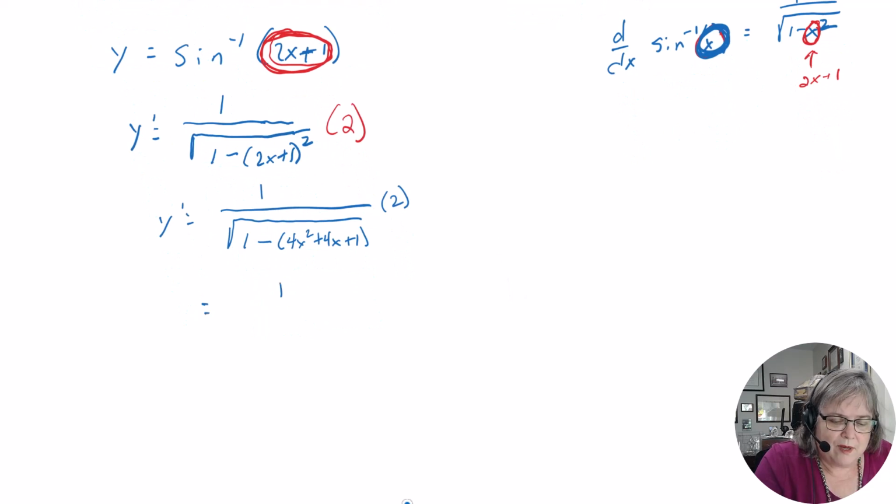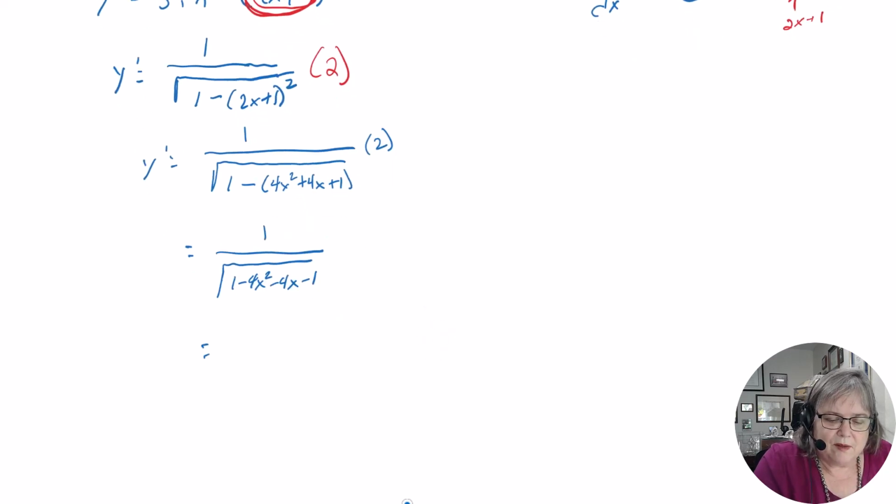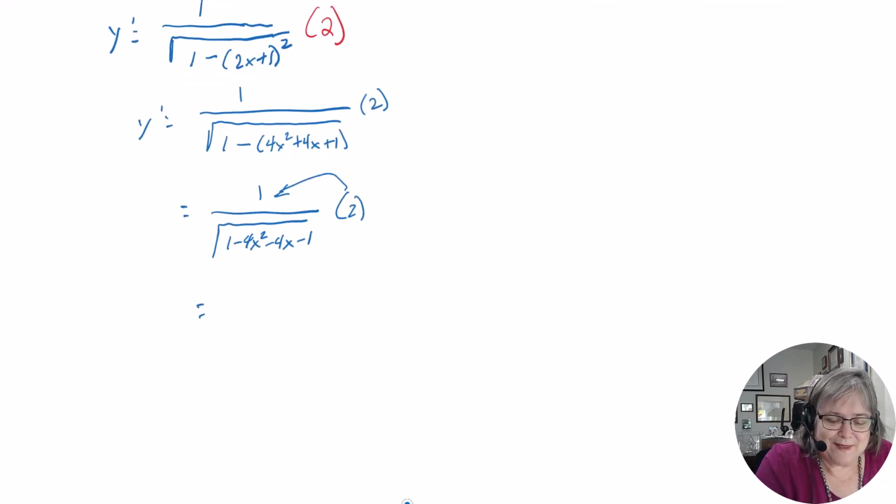So you have 1 over, well, let's just write it out: 1 minus 4x squared minus 4x minus 1. So you, times 2. Let's go ahead and clean up, because apparently I'm going to drop that off. Okay, so 2 times 1 is 2 over.